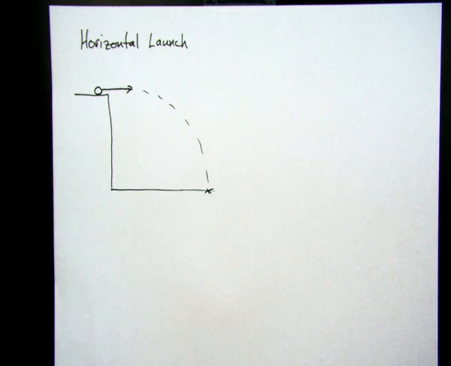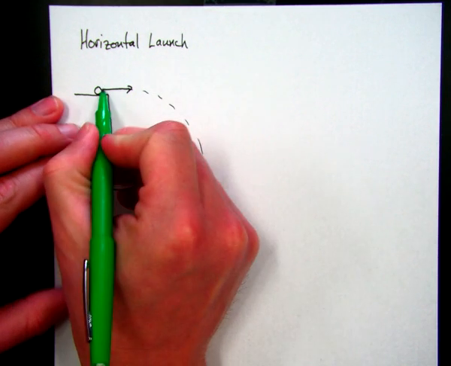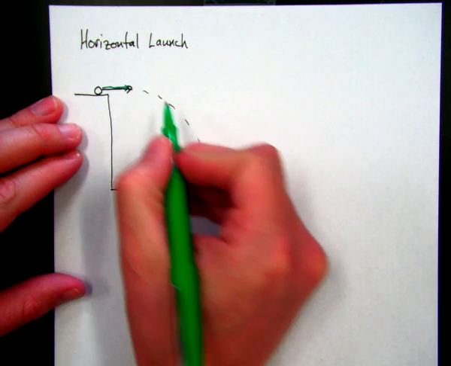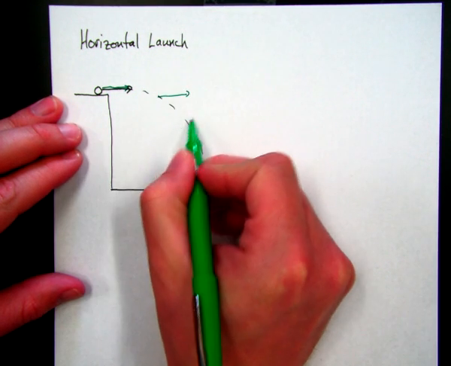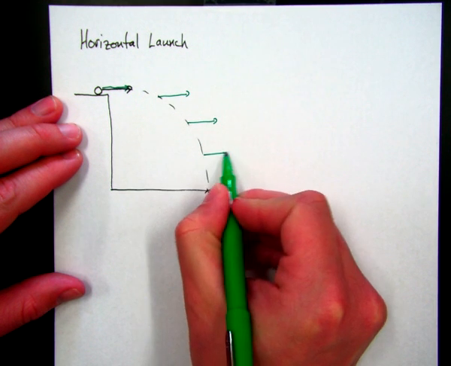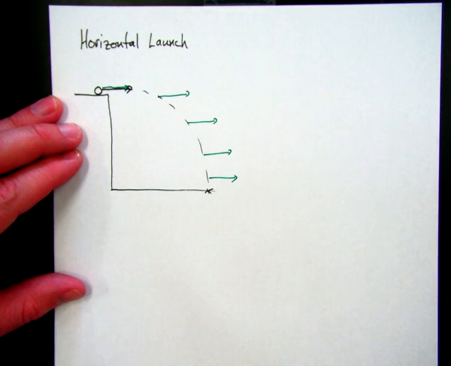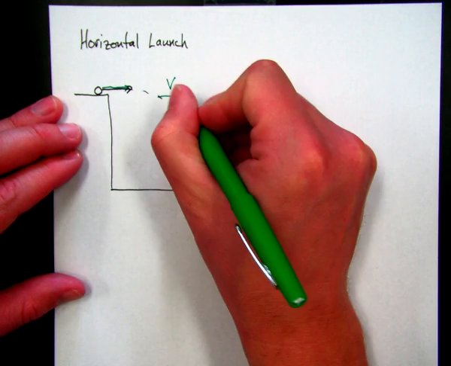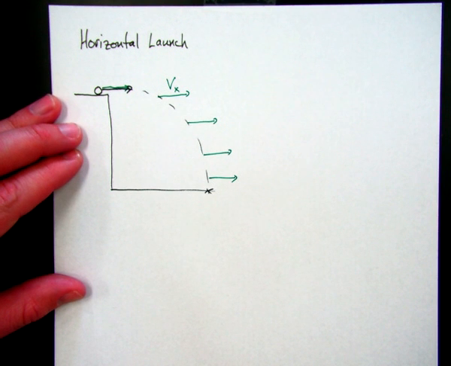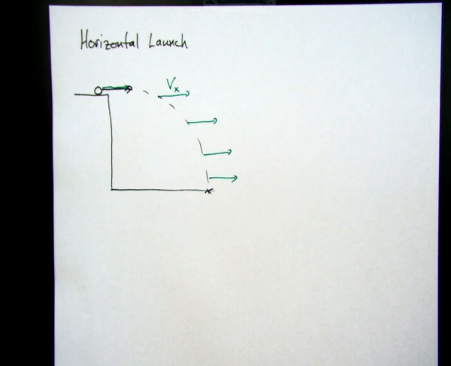Now, if I analyze this parabolic motion in two directions, since the acceleration is only in the y direction, the horizontal component of velocity, which I can call Vx, is constant. It doesn't change. There's no force happening in the x direction, so there's no acceleration in the x direction.